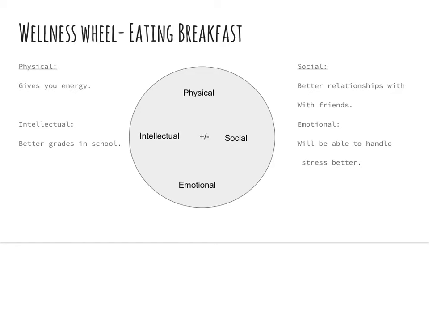So eating breakfast physically affects me by giving me energy throughout the day, so I won't feel fatigued. It allows me to speed up my metabolism, which will help with weight loss. It helps protect against specific diseases such as type 2 diabetes, obesity, and heart disease. It also can help protect against specific illnesses.